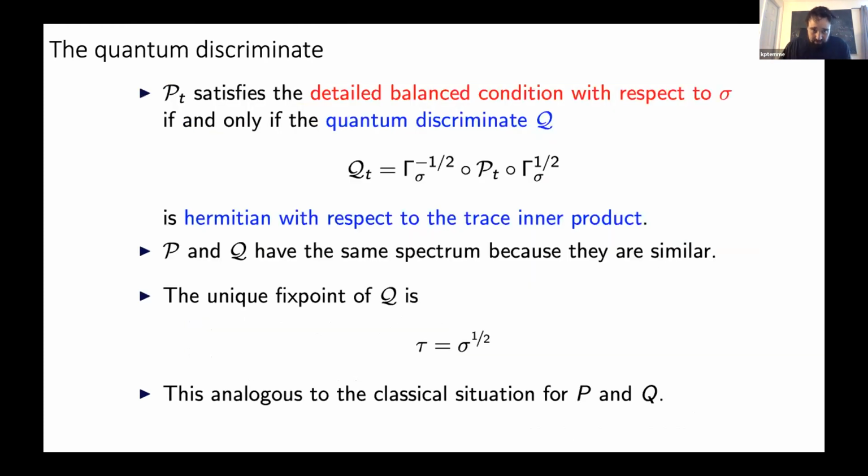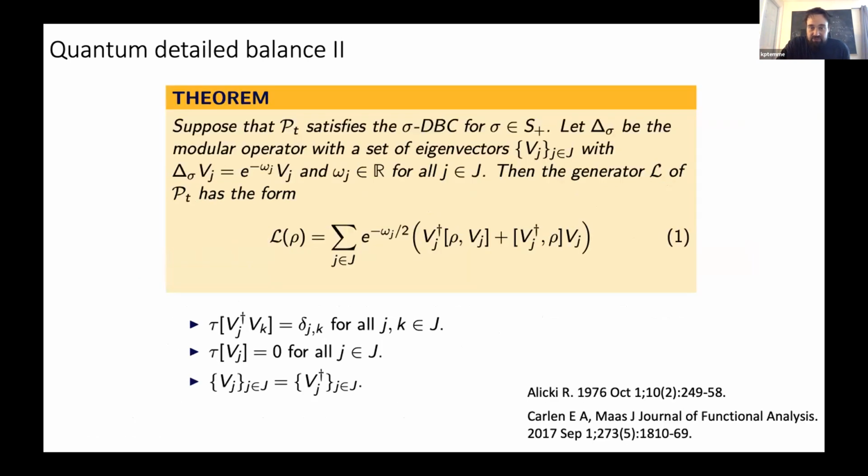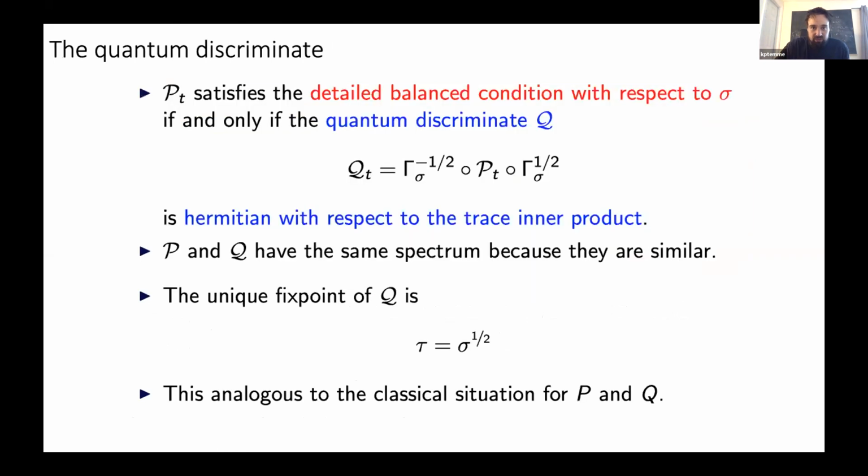Right. So having that, let me go one back. In our case we define this inner product in terms of some map gamma sigma, and you can just think of this as right multiplication by sigma. For the simplest case, you can choose other ones; you can choose the symmetric ones if you like, and so forth.